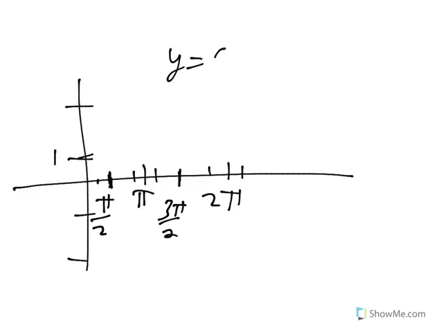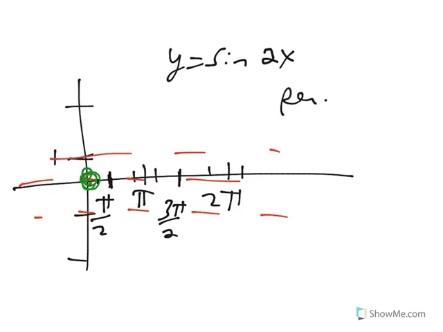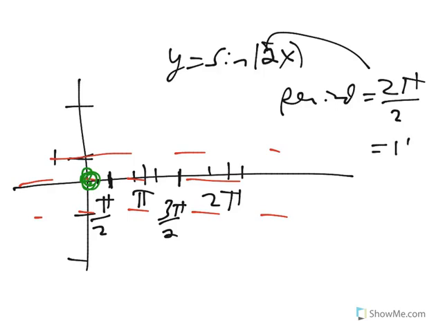And if I have to do y equals sine of 2x, I can graph it. There I have my starting point. But my period is now 2 pi over the b value, which is pi.